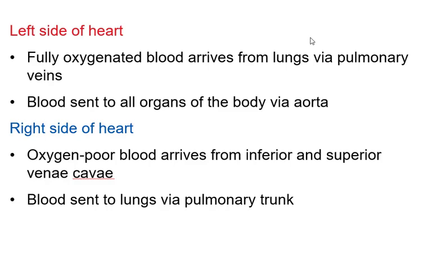So let's talk a little bit about the plumbing of the heart. We talked about the left side being the one that sends the oxygenated blood out. Well, first of all, over on the right side, you've got the inferior, which is below, and superior vena cava, and they pour the oxygen-poor blood from the rest of the body. So inferior is bringing from below, superior is bringing from the upper part of your body, and dumping it into the right side of the heart. It dumps into the atria, and then it flows down passively into the ventricle.